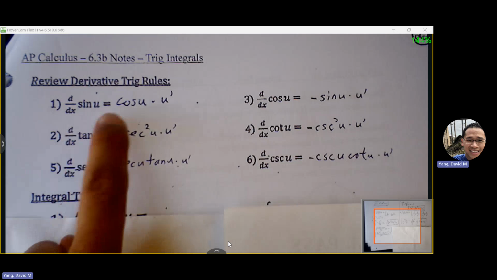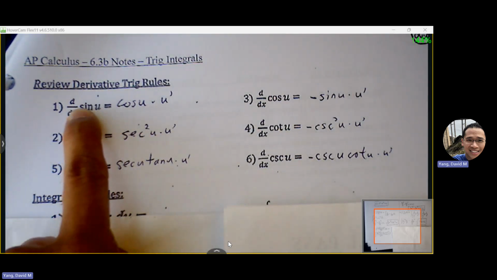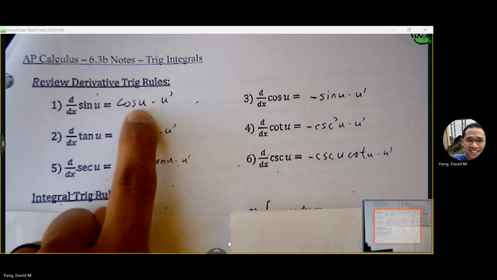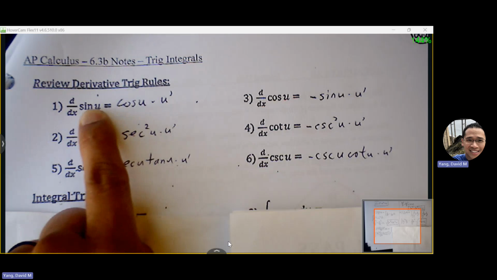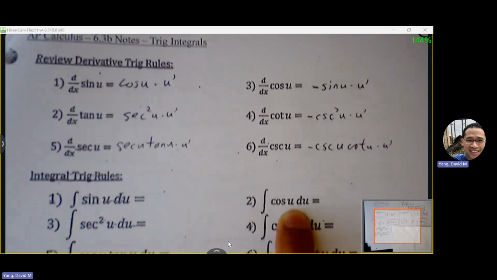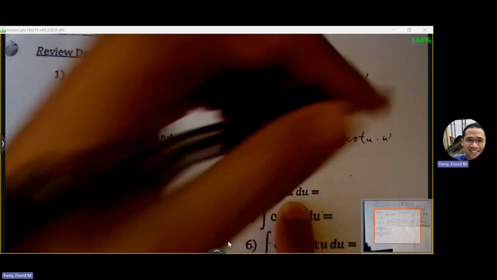We simply are working backwards from them. So let's imagine we're going backwards here. What do you think the integral of cosine of u will turn into? Sine of u plus c, right? We're just undoing it. So find that rule and write it down. Cosine of u is simply sine of u plus c.